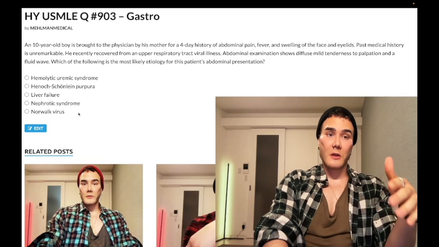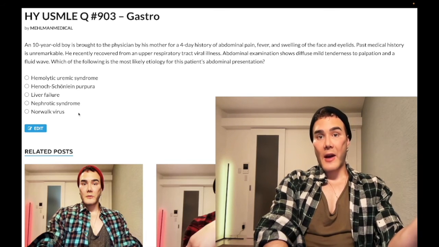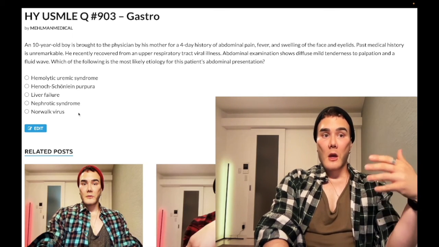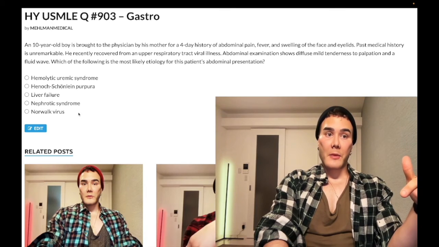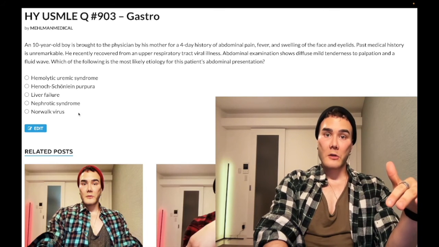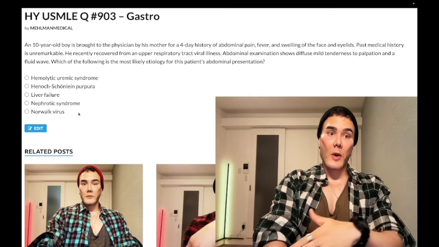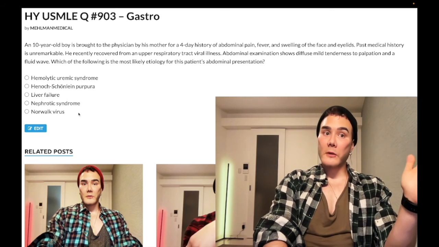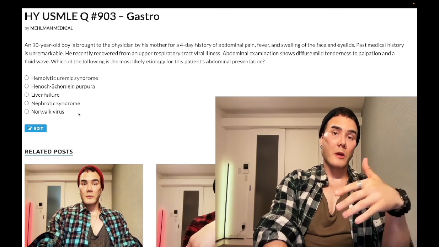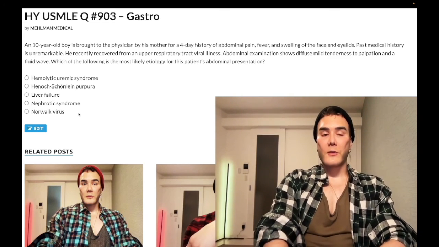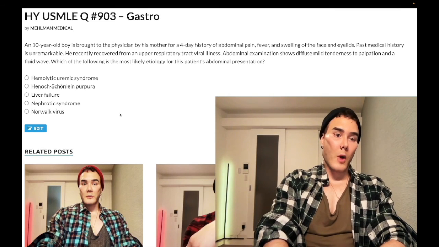So if they give you, let's say, a 4-year-old who's not vaccinated and only he or she in the family has watery diarrhea, that's rotavirus. But let's say they tell you the 4-year-old's not vaccinated, has watery diarrhea, but the rest of the family, the parents, older sibling as well, they all have watery diarrhea. That's going to be norovirus, because patients over the age of 5 aren't going to get rotavirus. Wrong answer.